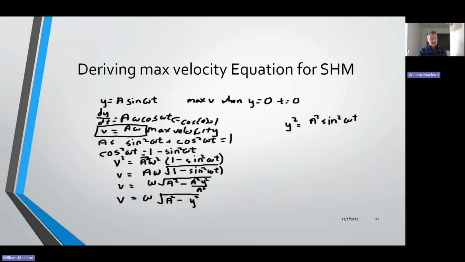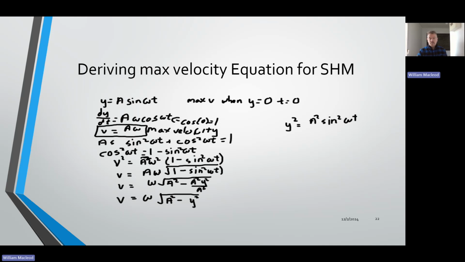So velocity is equal to a omega times the square root of 1 minus sine squared omega t. And we can see here we've got the equation that y squared is equal to a squared sine squared omega t at the top there. So we can put that into the expression.